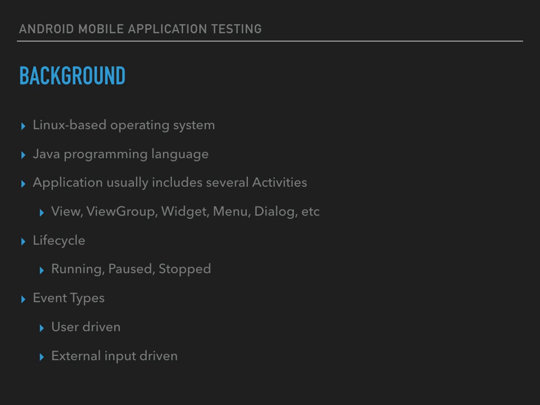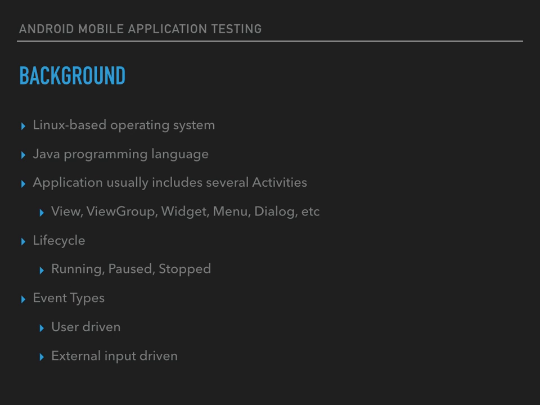The platform is used by developers to develop their own applications, and that is usually done in the Java programming language, which is a pretty widely known language, pretty useful, pretty powerful.